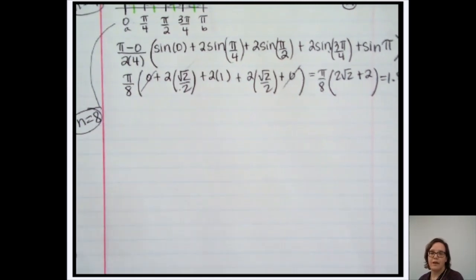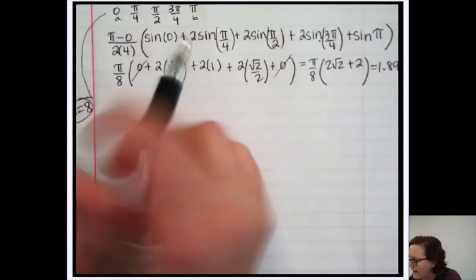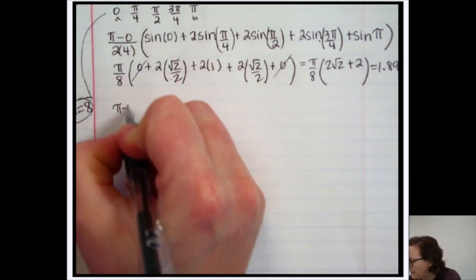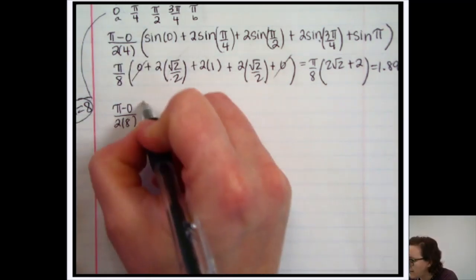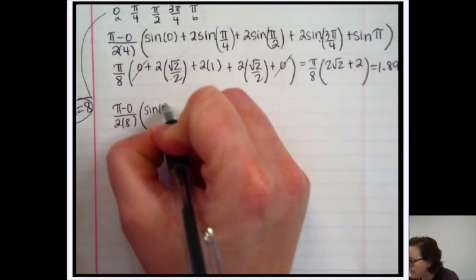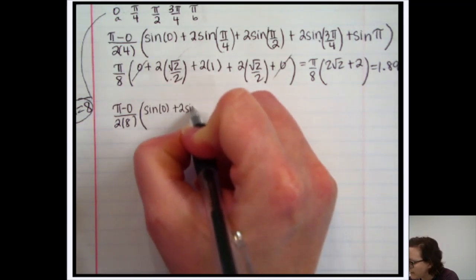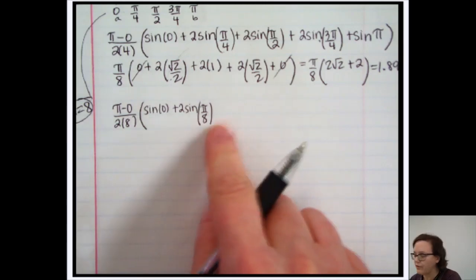So let's do the same thing. Now this outside will be pi minus 0 over 2 times 8 this time. And we have sine of 0 plus 2 sine of pi over 8. We're going to hit all the intervals up above.